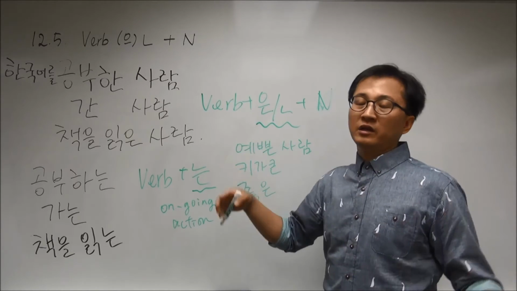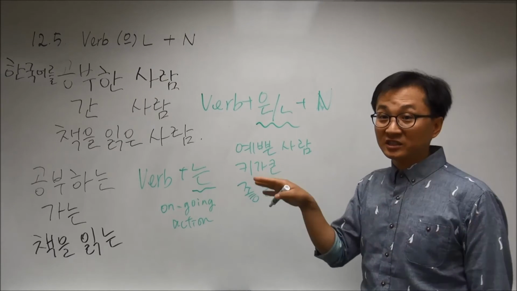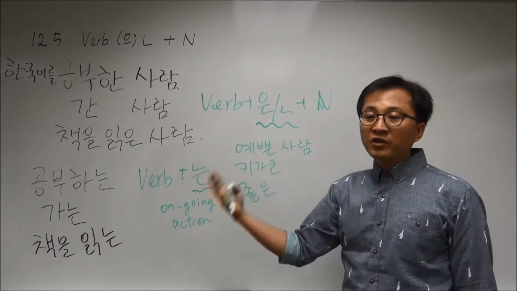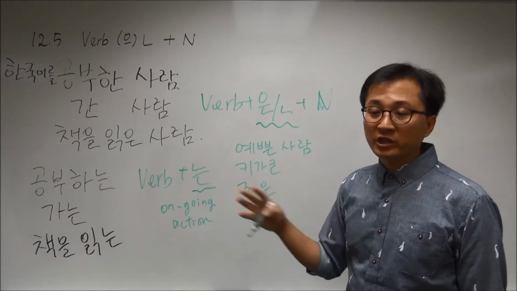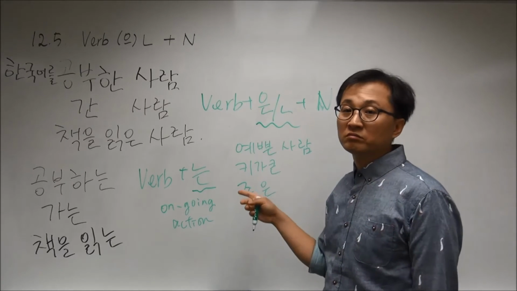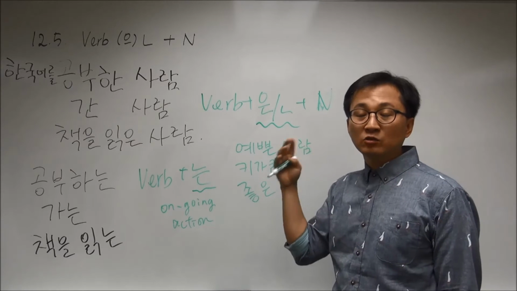You are not like keep tall. Right? It's not an action. It's just a state, right? So there is no action here. And finish the event. There is no action anymore. It is already done. In that case, we use just 은. If you remember this way, it's more easy to understand.